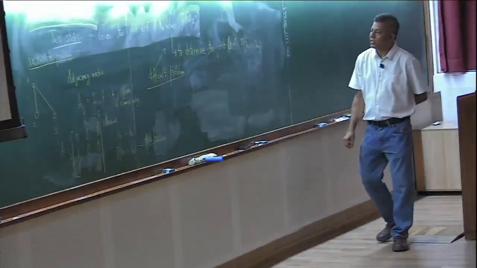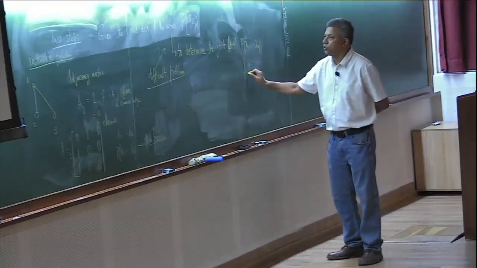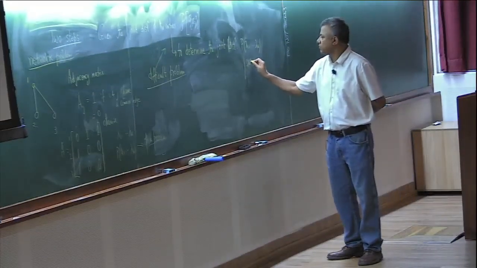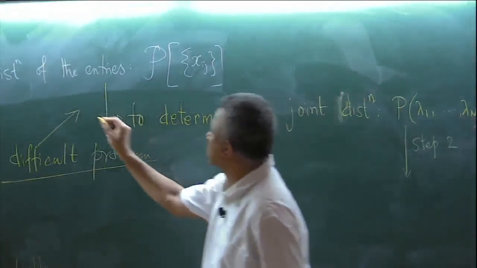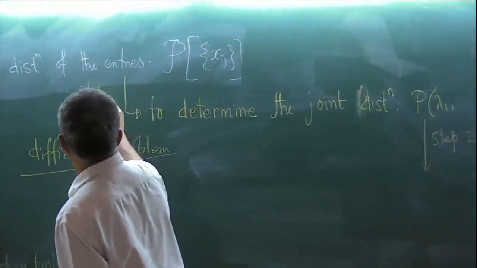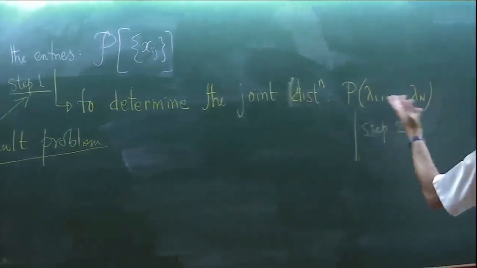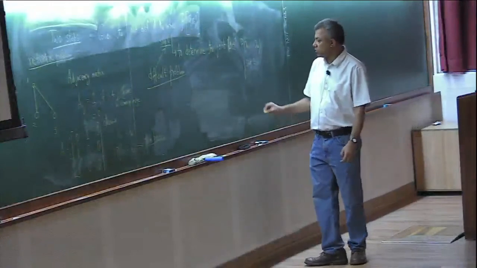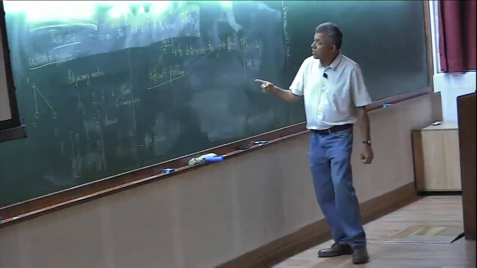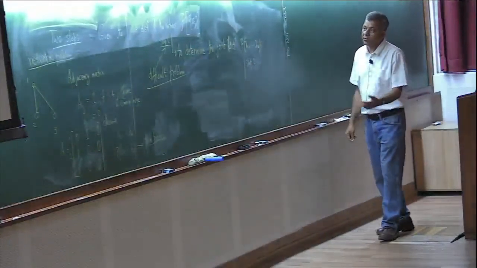But then the next step, step 2, is that suppose you know this, and we'll see examples of that, then from that I want to calculate several observables. This is more like a statistical mechanics problem.